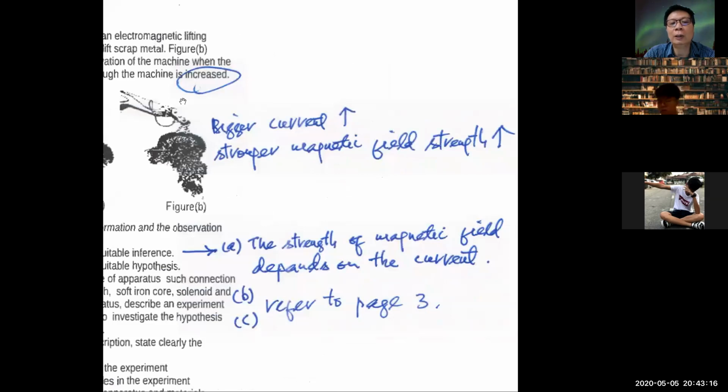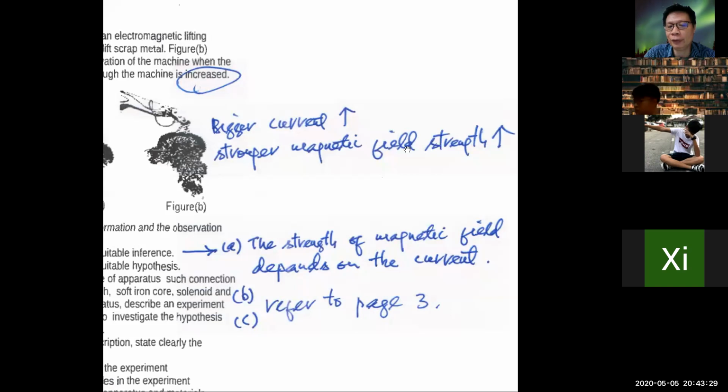So in other words, this experiment is about the relationship between the electric current and the strength of the magnetic field. We already know the answer is directly proportional. Meaning that if you have a bigger current, you can produce a stronger magnetic field strength, correct or not? That is the concept. Now we're going to answer the question.